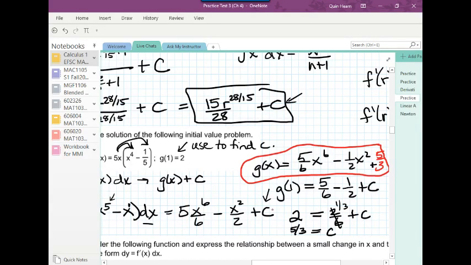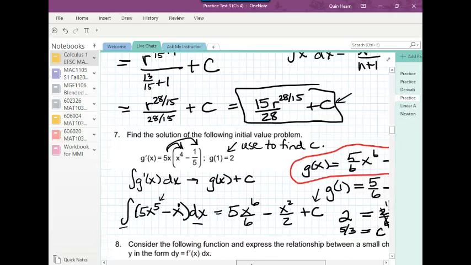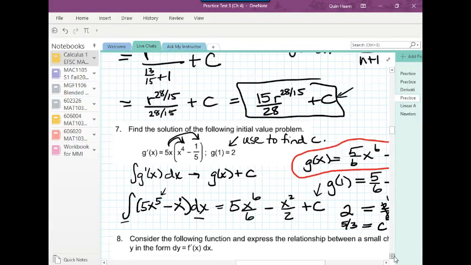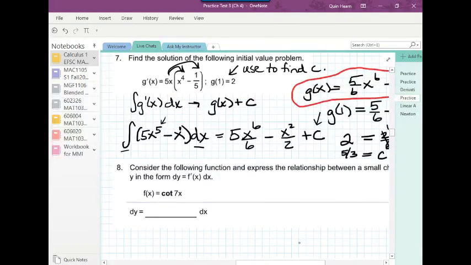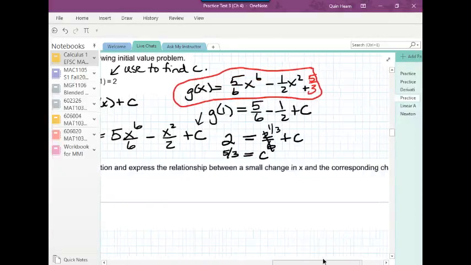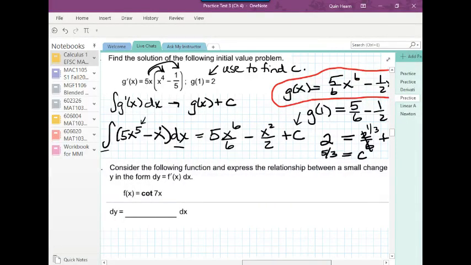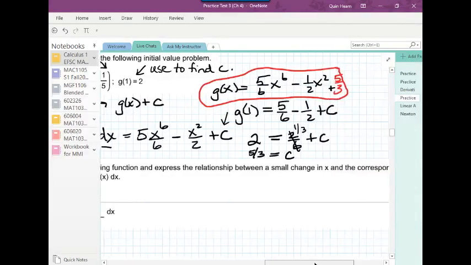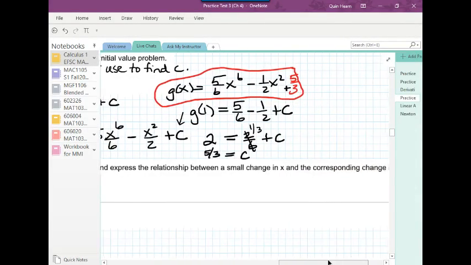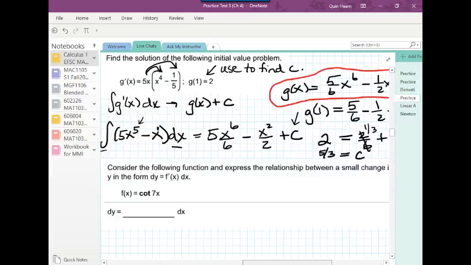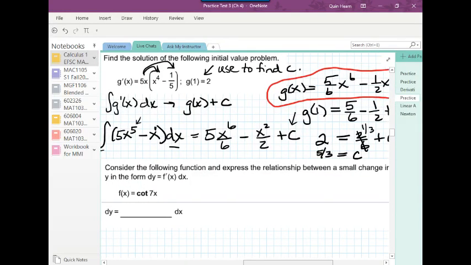And we know that g of 1 is equal to 2. So what is g of 1 equal to? Well, g of 1 is equal to 5/6, 1 to the 6 is just 1, minus 1/2, 1 squared is just 1, plus c. And if g of 1 is equal to 2, that means 2 is equal to 5/6 minus 3/6 is 2/6 plus c.